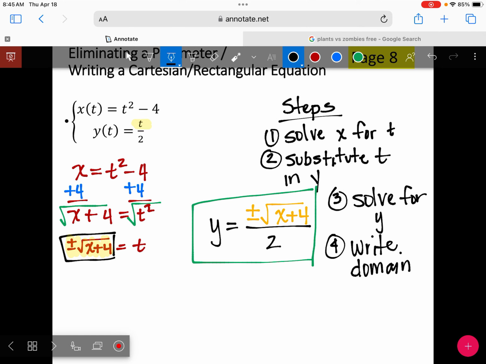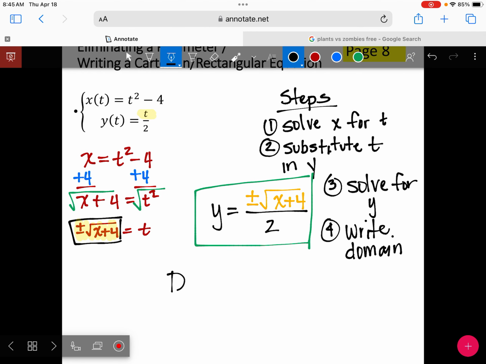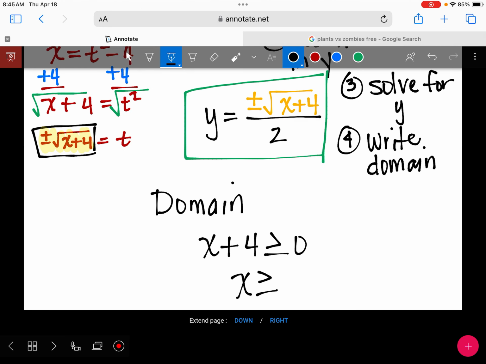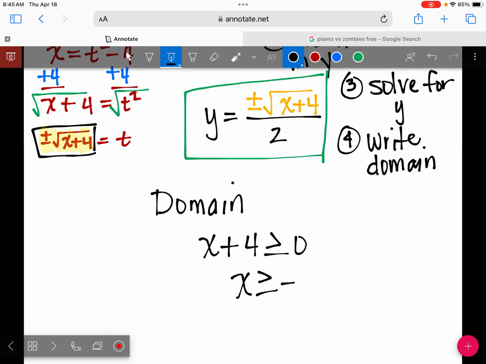So for our domain, what's underneath the square root has to be greater than or equal to 0 because you cannot take the square root of a negative. So when I solve that, what do I get? X has to be greater than or equal to what? -4.